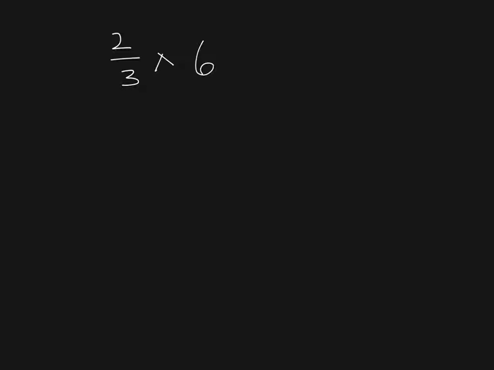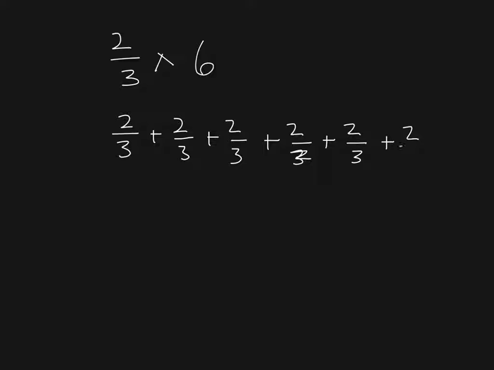Now let's apply this thinking to 2/3 times 6. So if we think of this as repeated addition, we have 2/3 plus 2/3 plus 2/3 plus 2/3 plus 2/3 plus 2/3, or 6 copies of 2/3. Now, as you know, since our denominator is the same in each one of these, I could also write this.